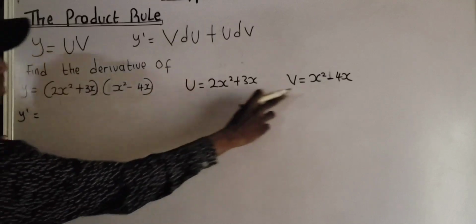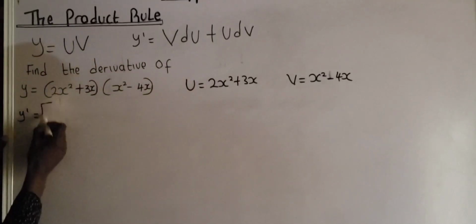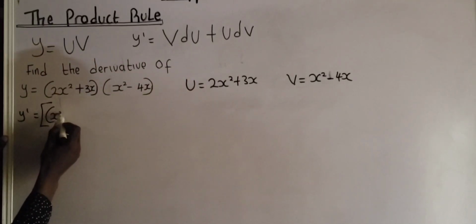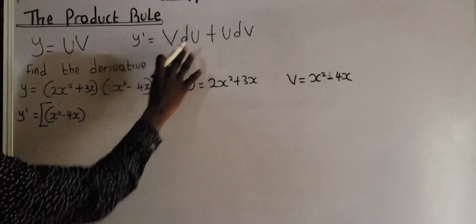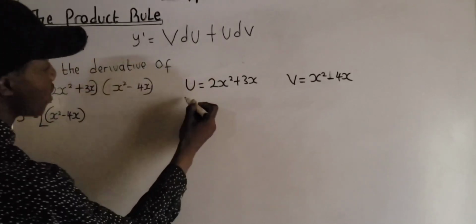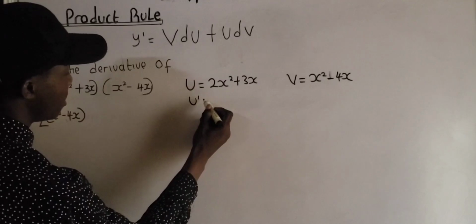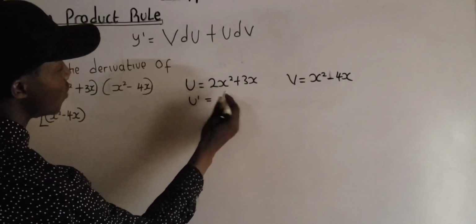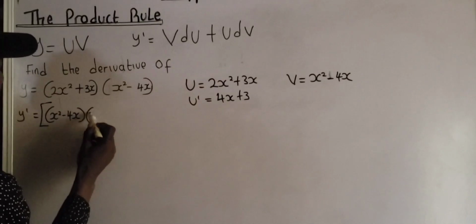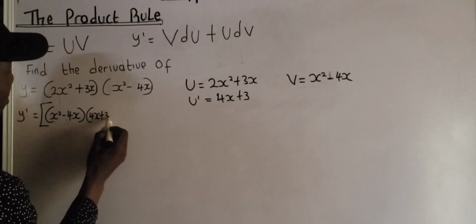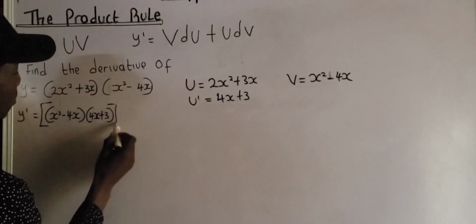v, which is what? x squared minus 4x. Open a big bracket. x squared minus 4x multiplied by the derivative of u. The derivative of u is what? Now, using the power rule, that is 4x plus 3. So, multiply by 4x plus 3. Close the bracket.